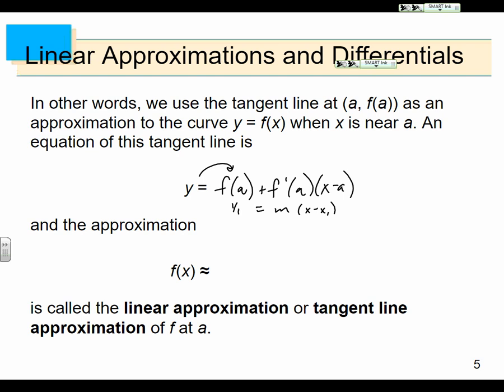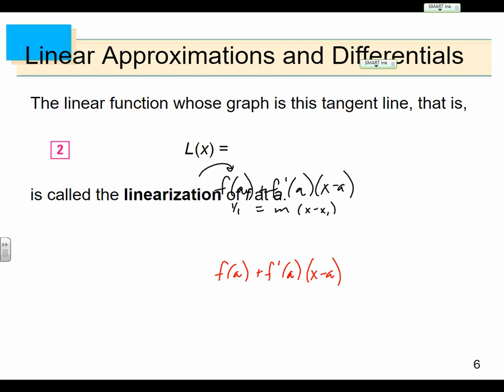And so the approximation for my f of x curve is simply going to be this same idea. It's called a linear approximation. So anytime it asks for a linear approximation, we're just going to be plugging into this formula.